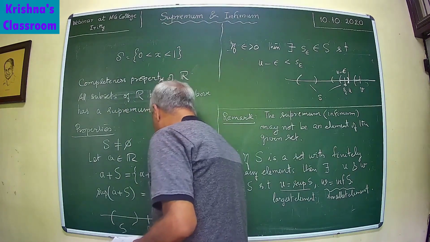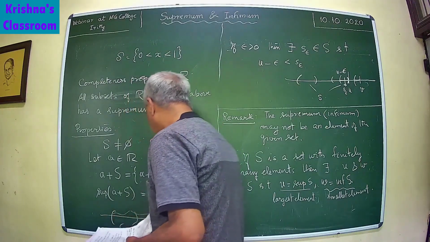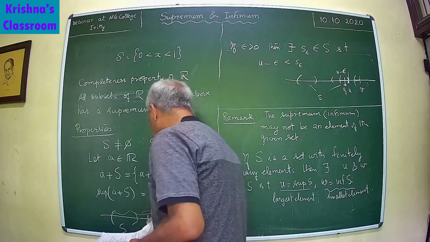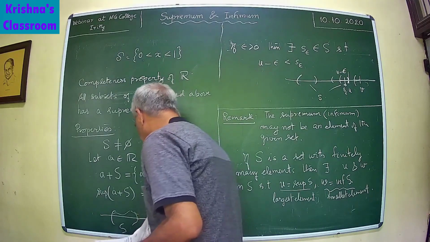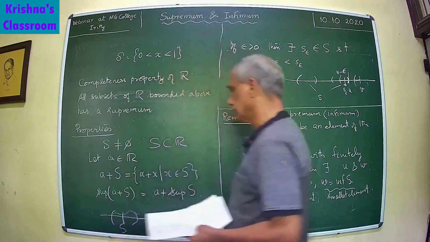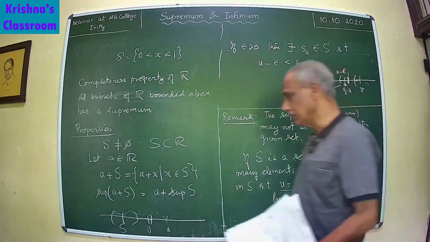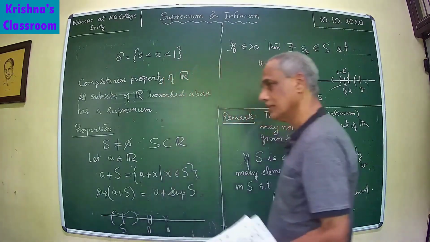What you are doing is you are moving each one of these sets through this distance A. So you get somewhere here. So A is this. Okay, so you are translating everything to the right. So this is your S plus A.